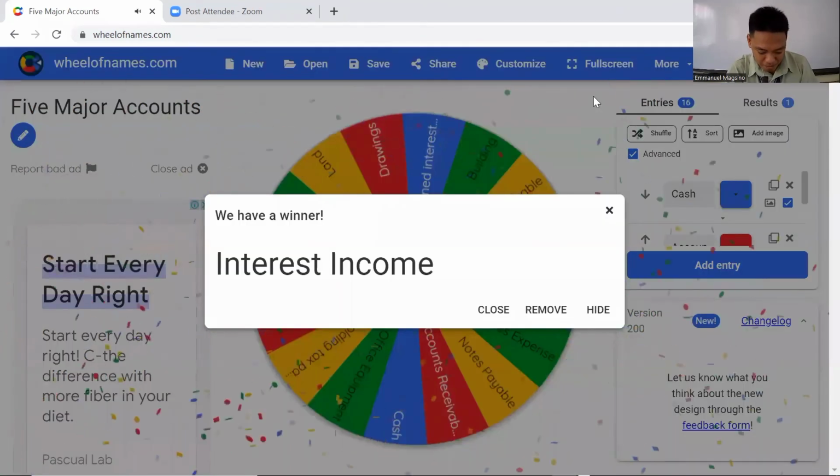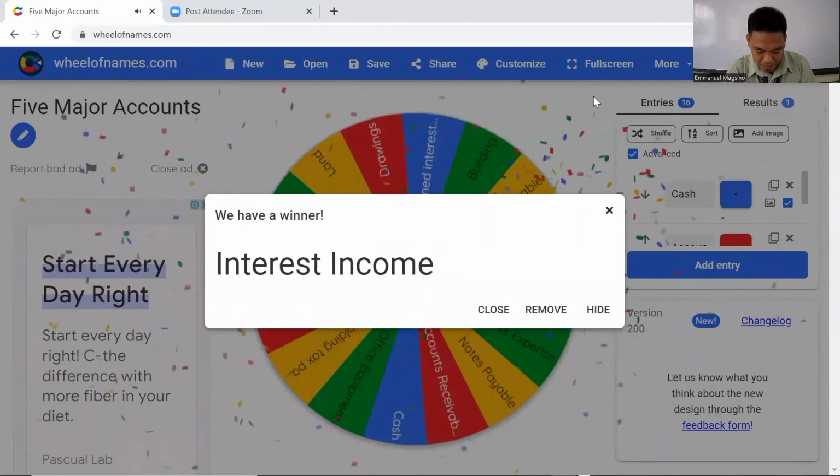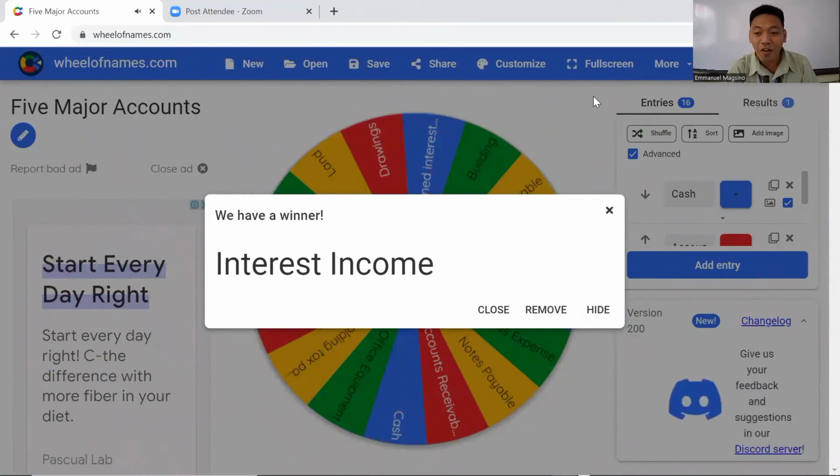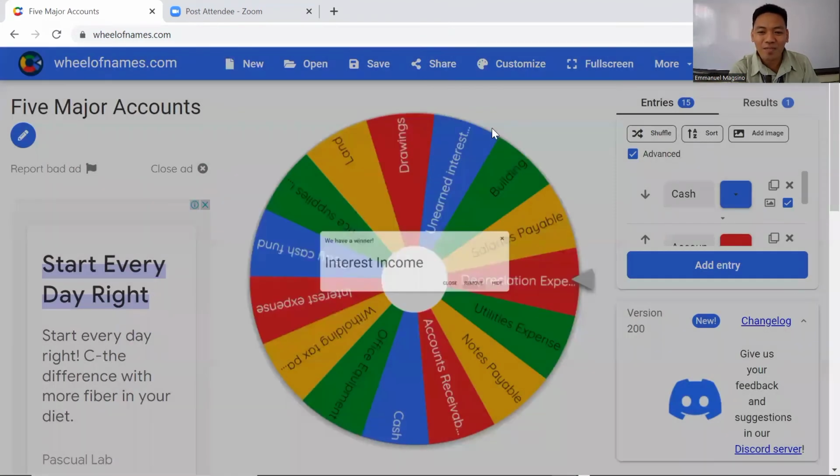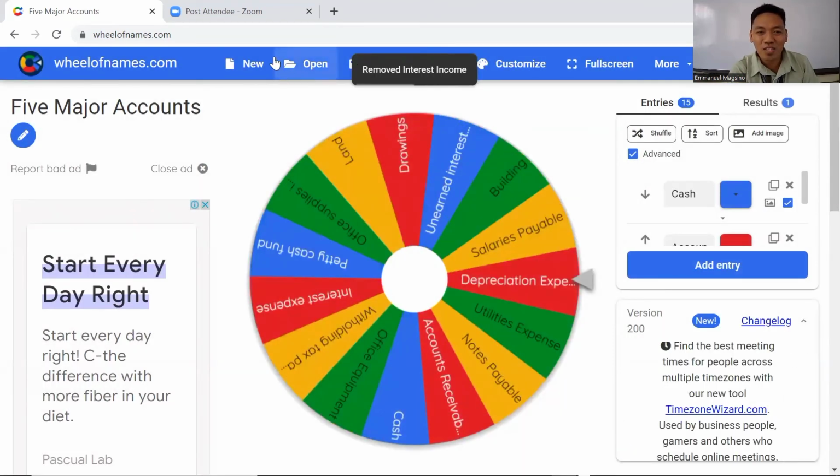What is your answer? Okay, revenue or income. Okay, correct. So the answer for that is revenue or income. So you already know how to classify our 5 major accounts. So now let us proceed to our application.